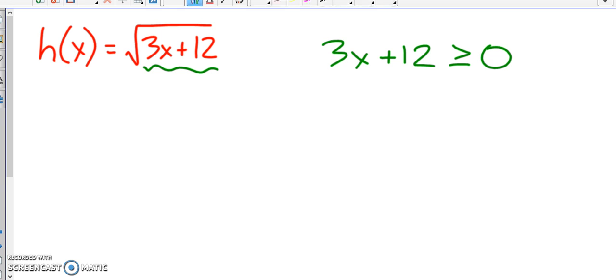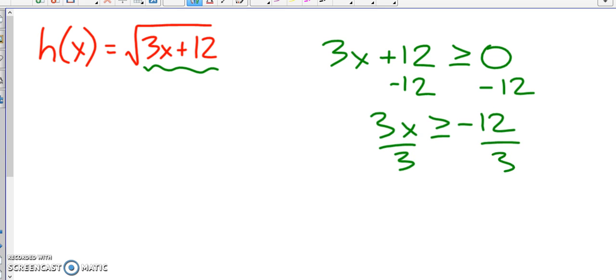So then all I got to do is solve this. This is the easy part. Yeah, subtract 12. 3x is greater than or equal to negative 12. And divide by 3. X is greater than or equal to negative 4.